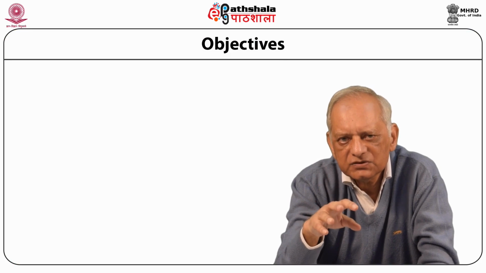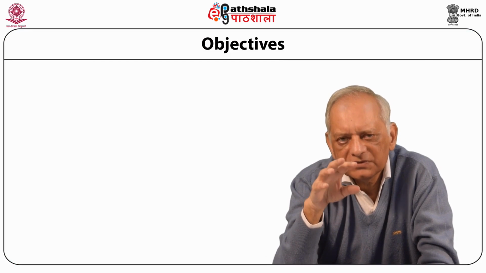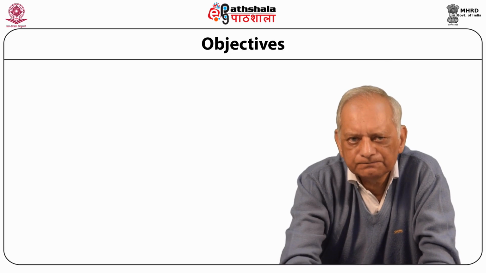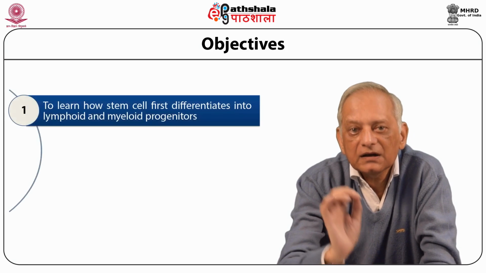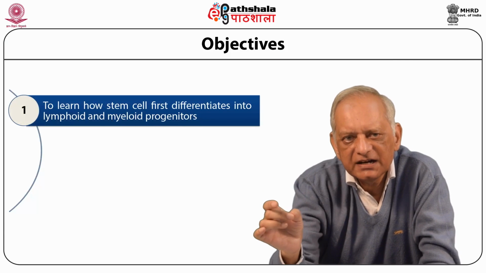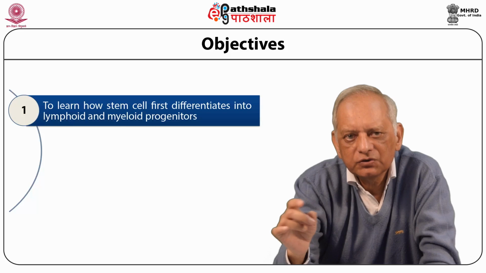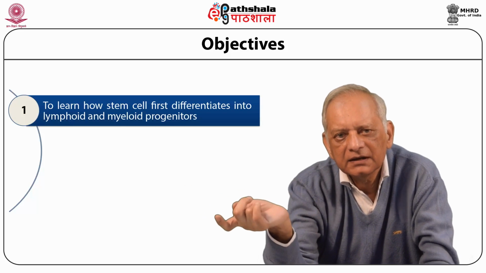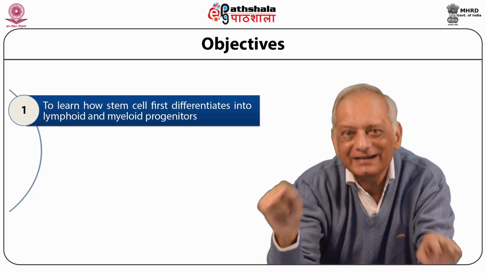The objectives of this particular module are to learn how stem cells first differentiate into lymphoid and myeloid progenitors.